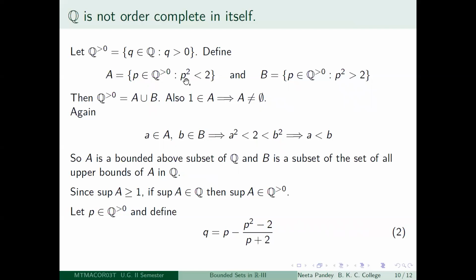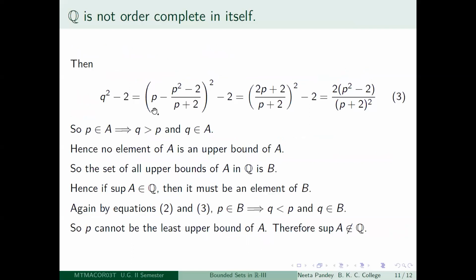So they will belong either to A or B, because the set of positive rational numbers is equal to A union B. Now you have shown that no element of A is an upper bound of A. So every upper bound of the set capital A in the set of rational numbers has to belong to B. This much is clear. Very good.